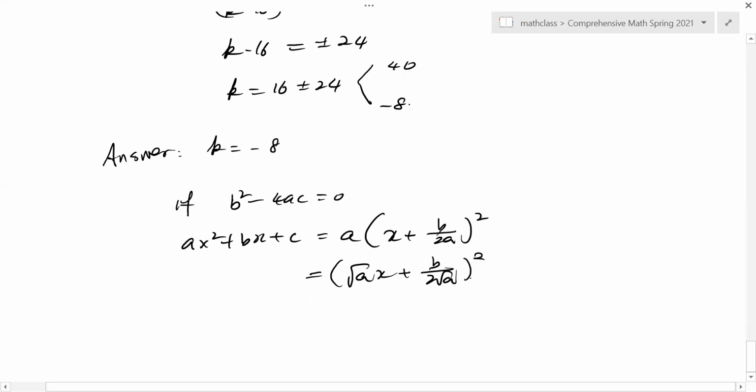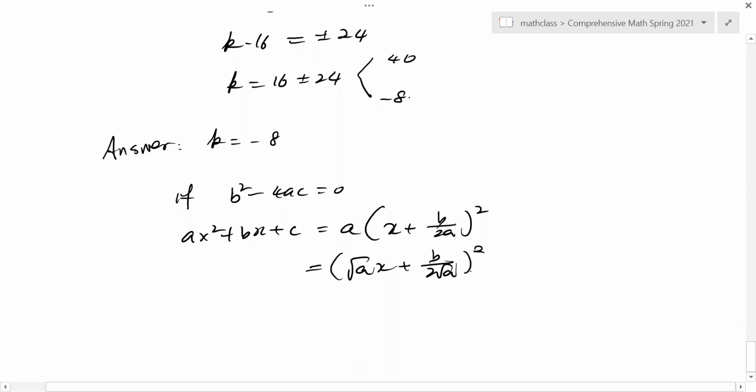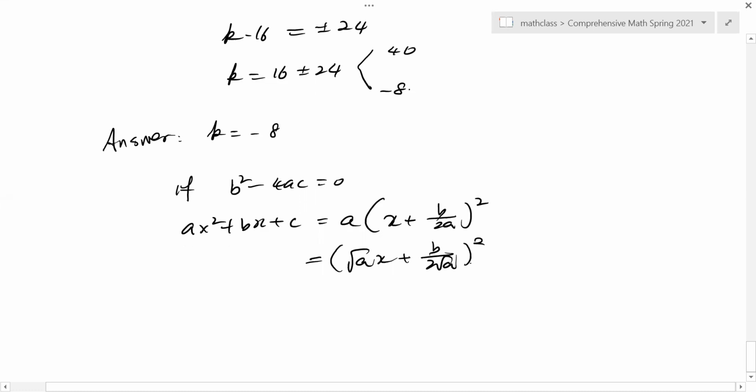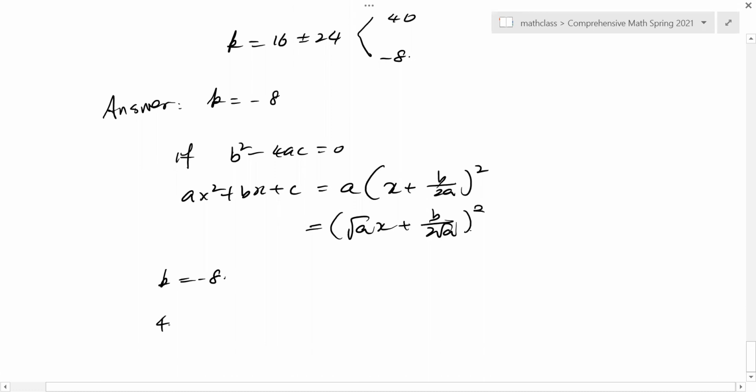That will be a perfect square. Now, we can figure out what the answer is here. It is a perfect square when k minus 16 equals negative 24, when k equals negative 8. Our equation here is 4x squared minus 24x plus 36.